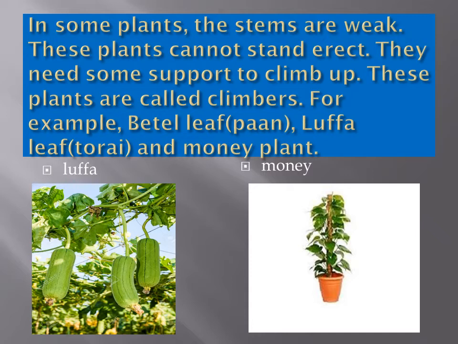See the picture of loofah plant. You can see in the market also, or few people grow in their garden. So their plants cannot stand straight. They have to have some support to grow up. See the money plant also, same. It also needs support to climb up.